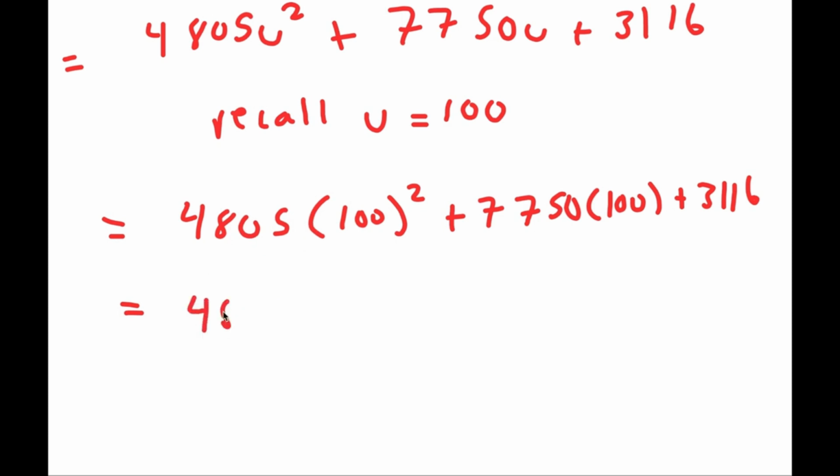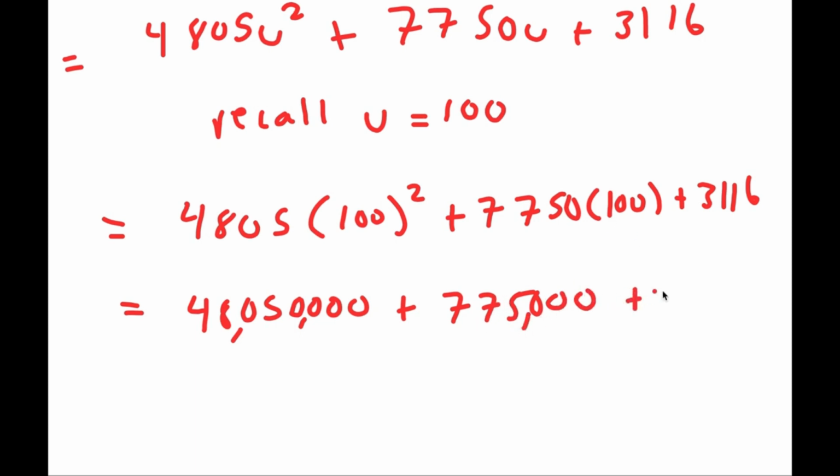So I have 4,805 times 10,000, which we can just add 4 zeros to the end of. So now I get 48,050,000 plus 7750 with 2 zeros, which turns into 775,000, plus 3,116.